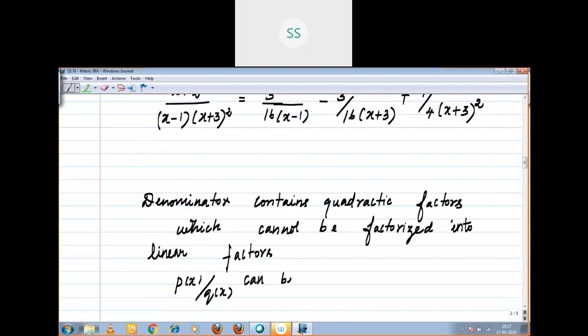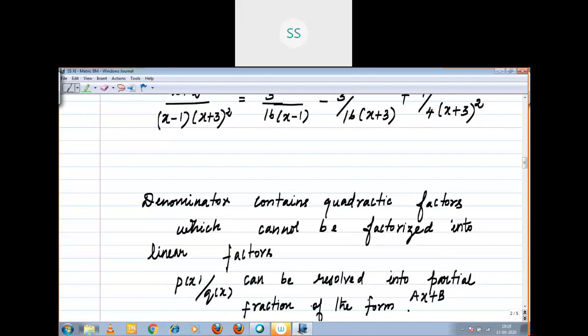It can be resolved into partial fractions of the form ax plus b divided by the quadratic, general format ax square plus bx plus c.